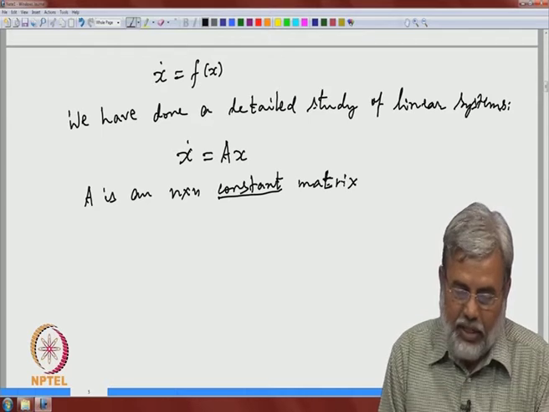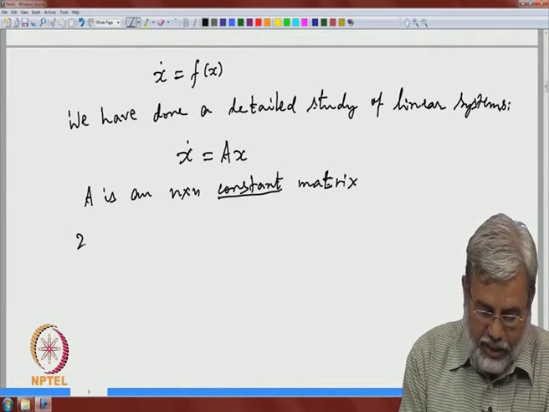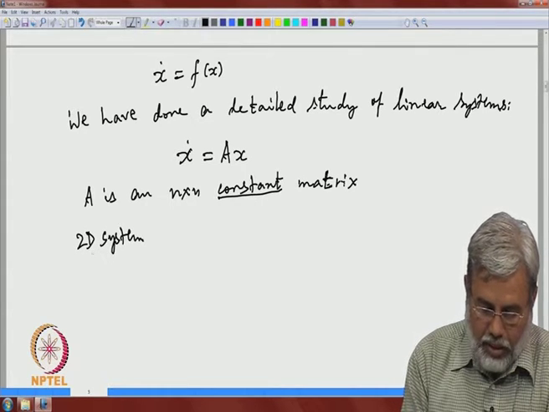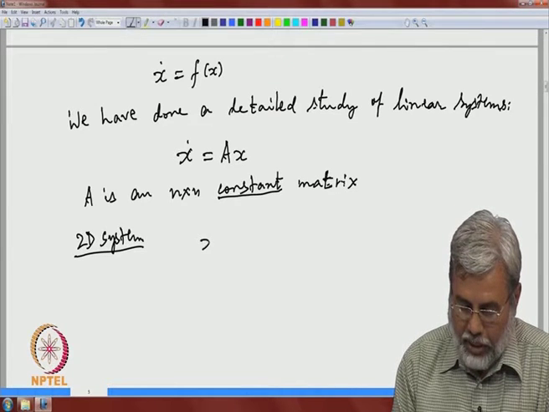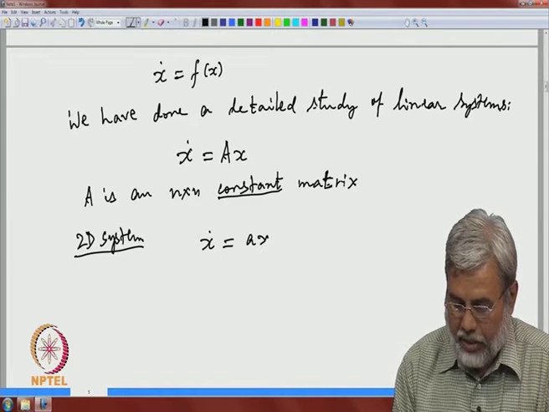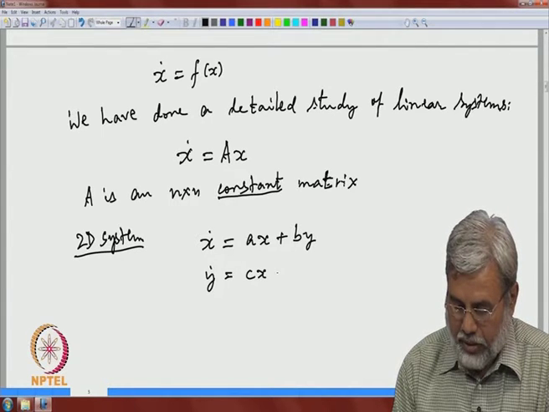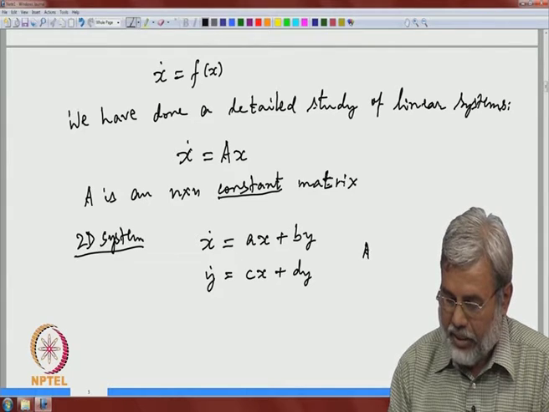Instead of writing a general system, let me just write a 2D system and recall some of the facts we did. In this case we have only two unknowns. So, x dot equals a x plus b y and y dot equals c x plus d y, and this A will be in this case just this 2 by 2 matrix.